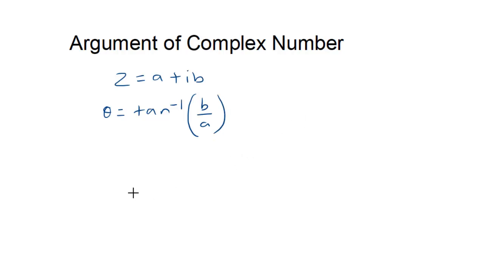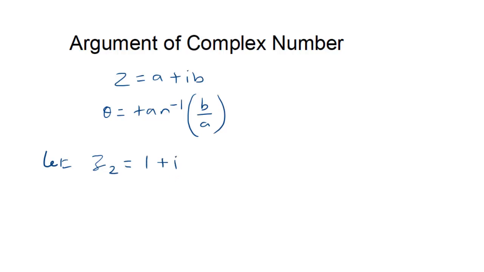Let us solve a question. Let us find the argument of a complex number. Let us consider the complex number z2 as 1 plus i root 3.